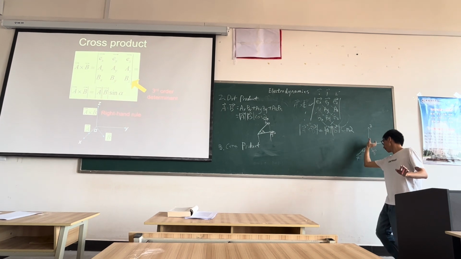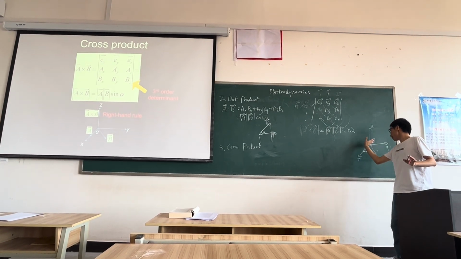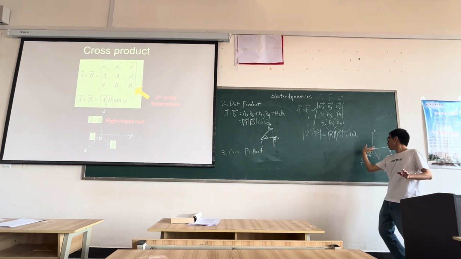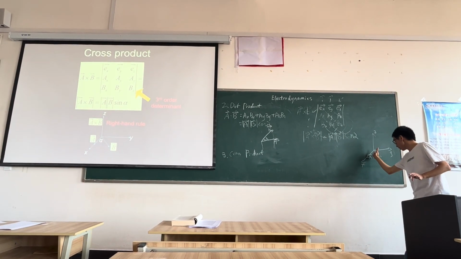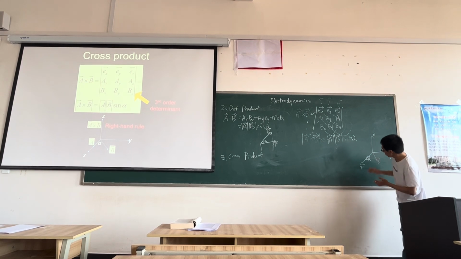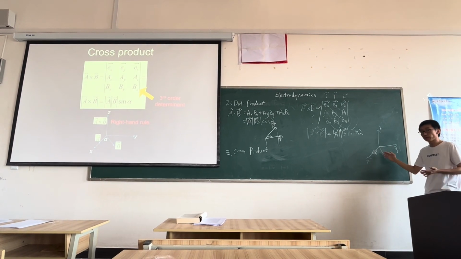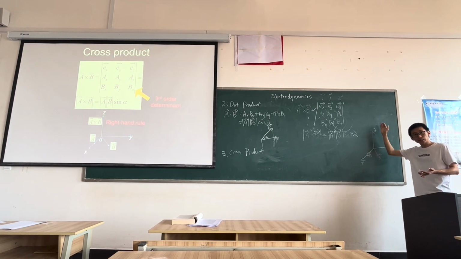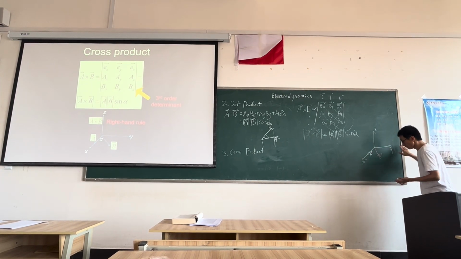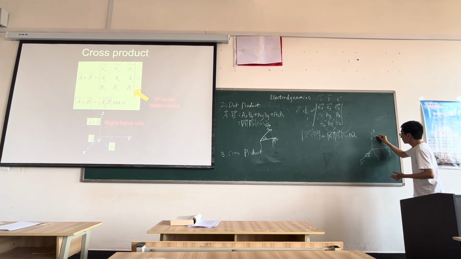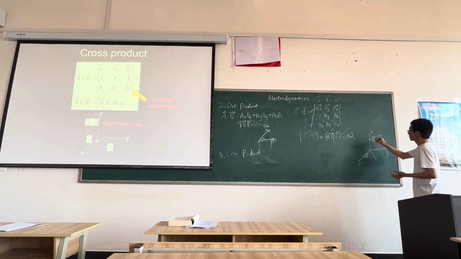Because A is in the x-axis direction and B is in the xy plane, A cross B must fall in the z-axis, because z is always vertical to the plane of xy.